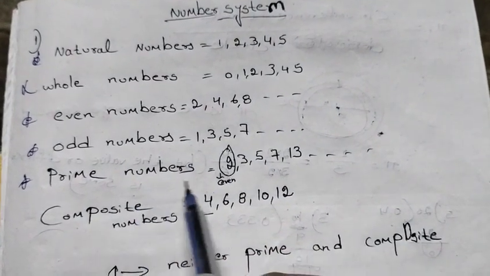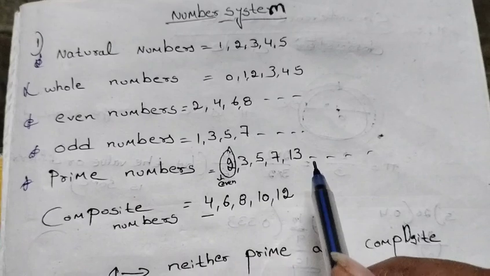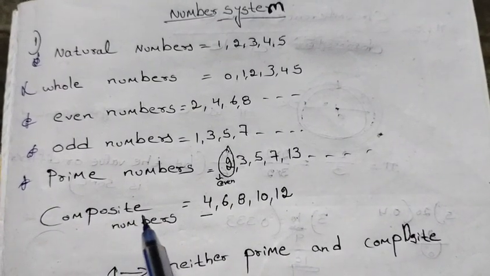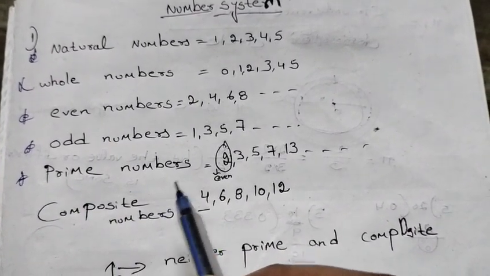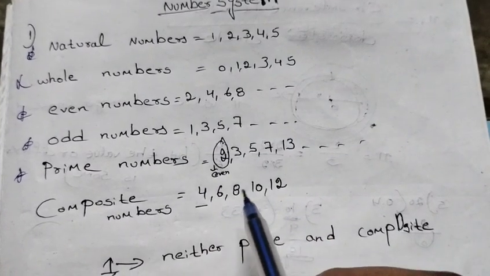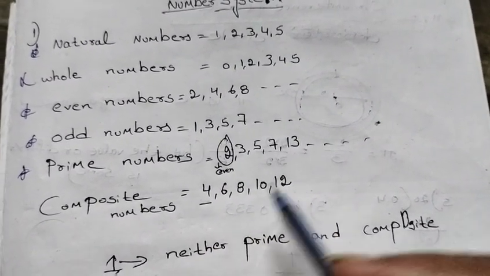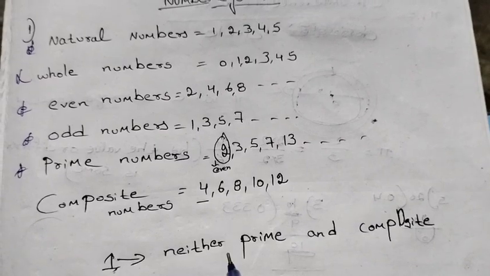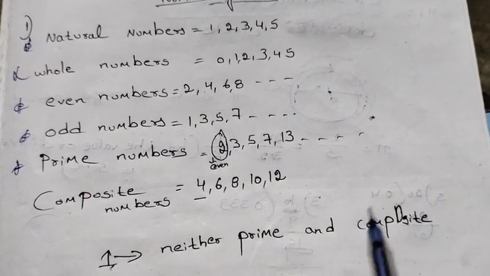Prime numbers 2, 3, 5, 7, 13, and composite numbers, which are the numbers that are not prime, we call as composite numbers: 4, 6, 8, 10, 12. One is neither prime nor composite number.